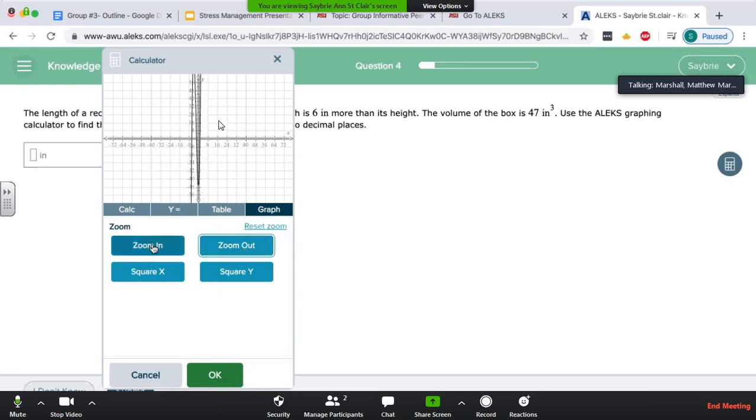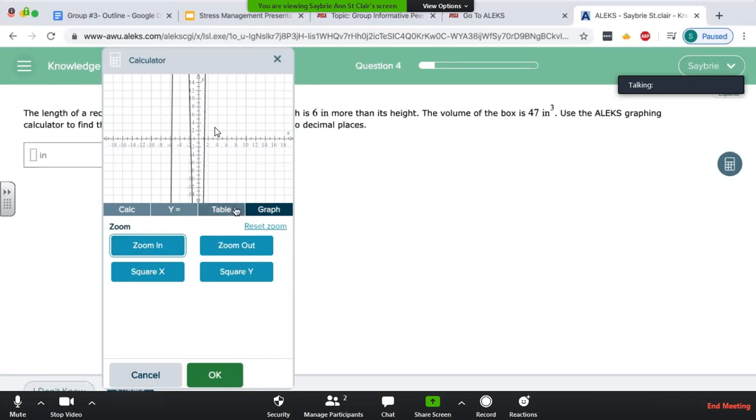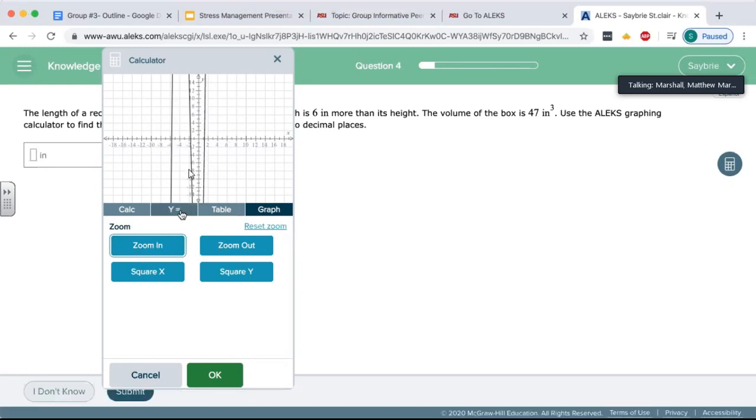God, I don't know if I did this right. So I got the length is 4 times the height. The width is the height plus 6. Then you got the height, 4h squared. I'm going to graph that in Desmos real fast. Or I guess, shoot.